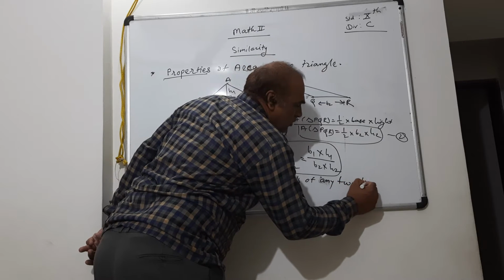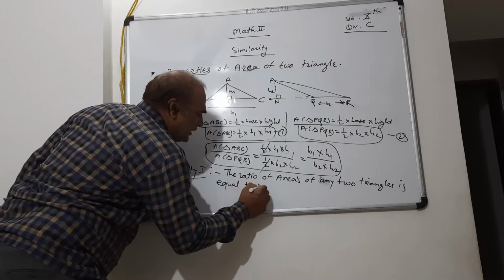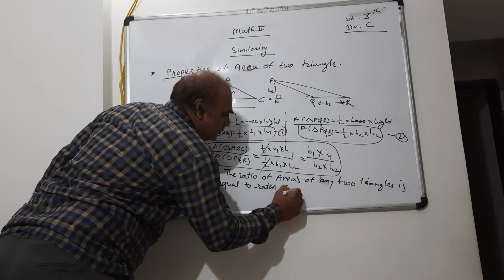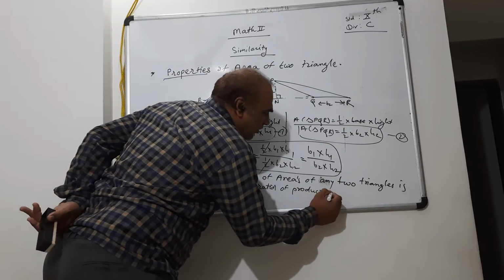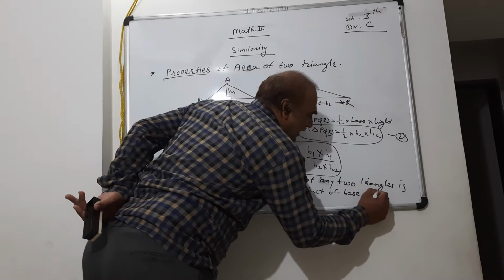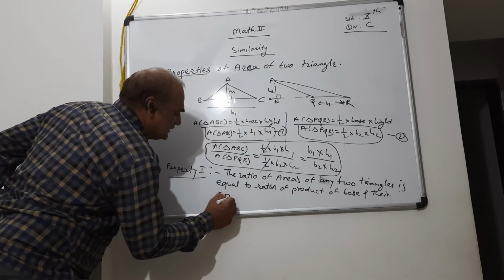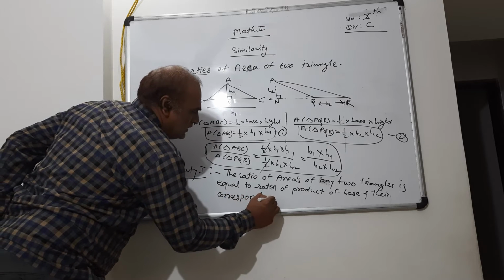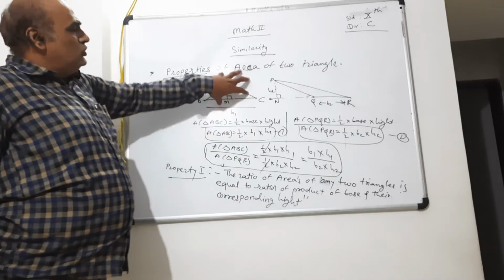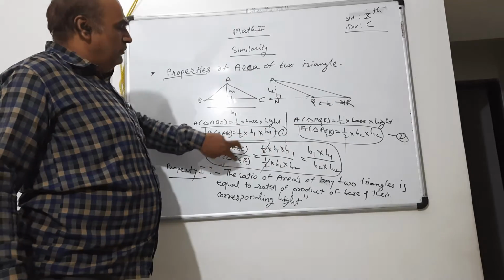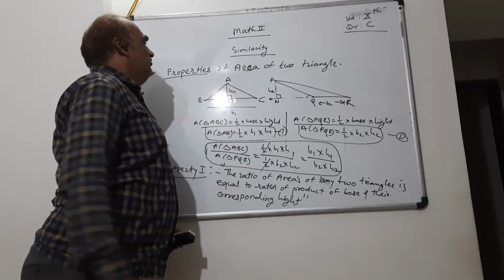There is no condition. We got the first property of area of two triangles: the ratio of areas of any two triangles is equal to the ratio of the product of their base and height, B1 into H1 upon B2 into H2. Okay, we got the first property.